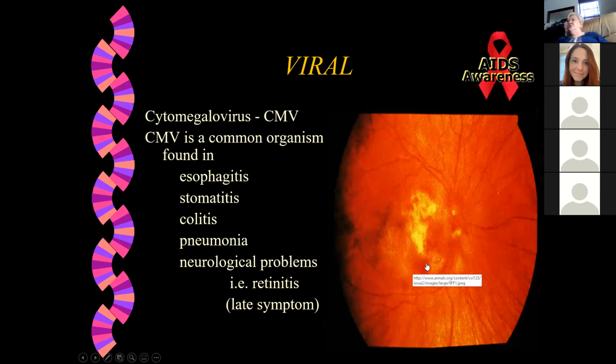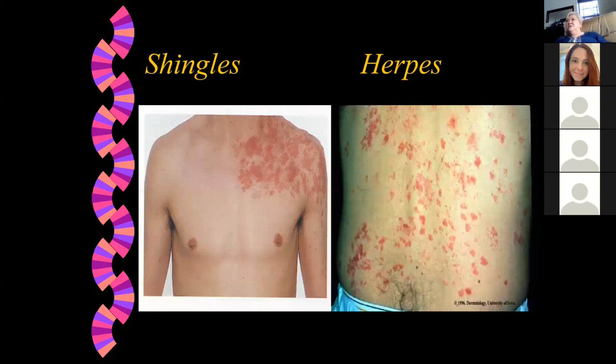So retinitis is usually a problem with vision. Another virus that we see real often is shingles and herpes simplex. Not everybody with herpes simplex has AIDS, but if you're HIV positive and you get herpes simplex, or you get shingles, you have AIDS.